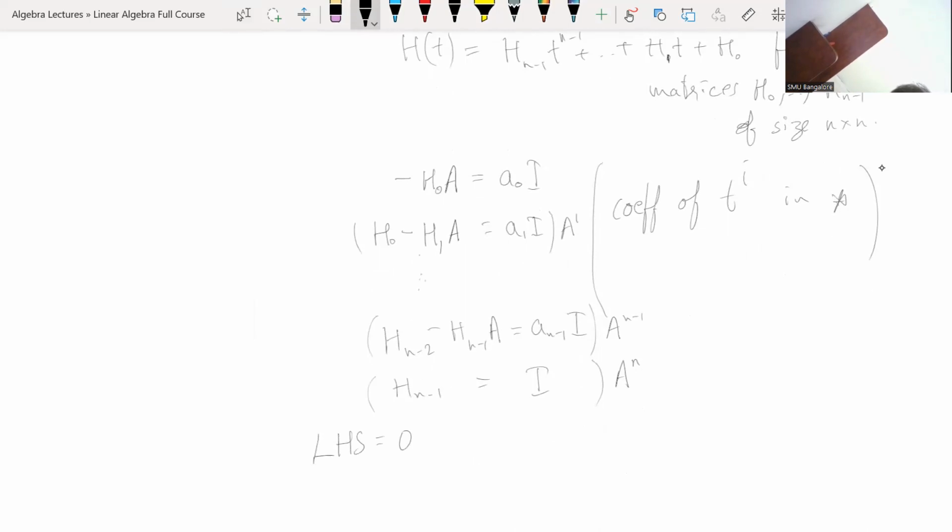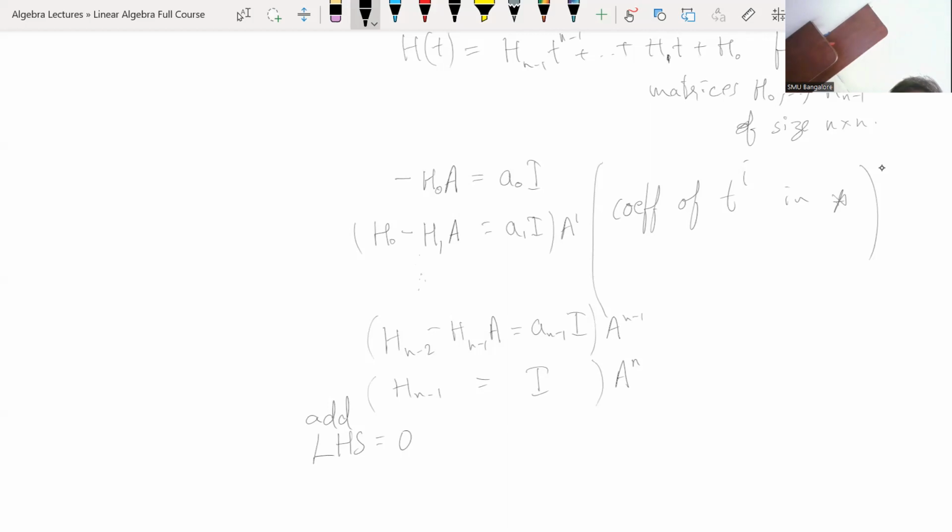So multiply with this and add. This is h n minus 1 times A power n. And in the previous term, you get minus h n minus 1 times A power n again. And plus h n minus 2 times A power n minus 1, which will get cancelled with the previous term, and so on.